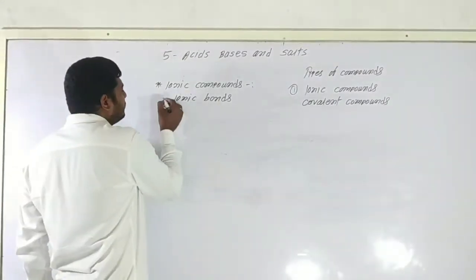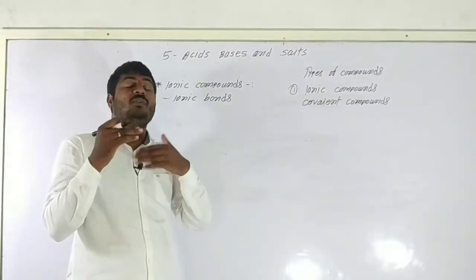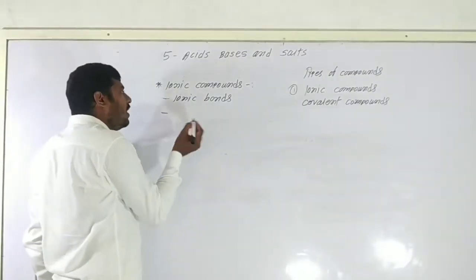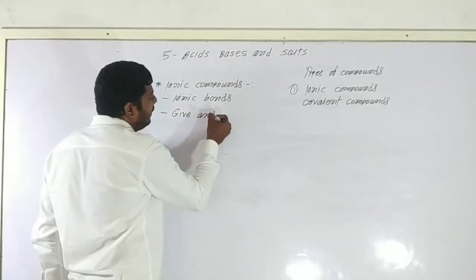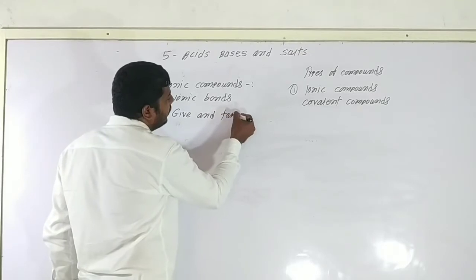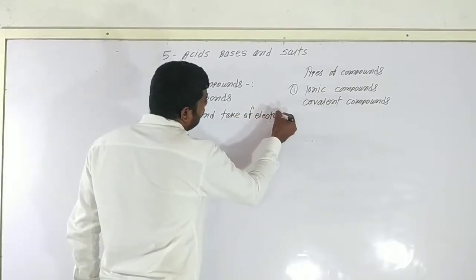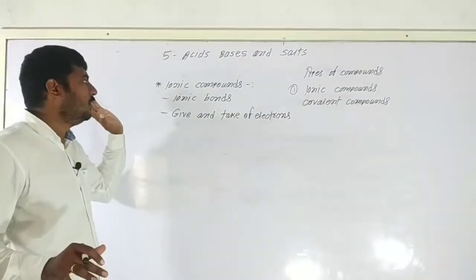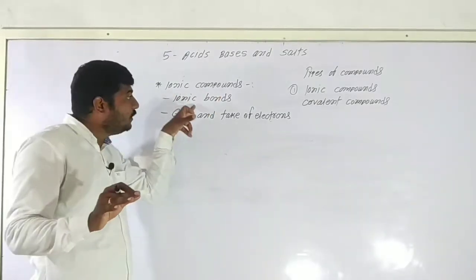Then what is meant by ionic bonds and how are ionic bonds formed? Ionic bonds are always formed after give and take of electrons. That type of bond is called an ionic bond. Ionic compound means compounds which contain ionic bonds.